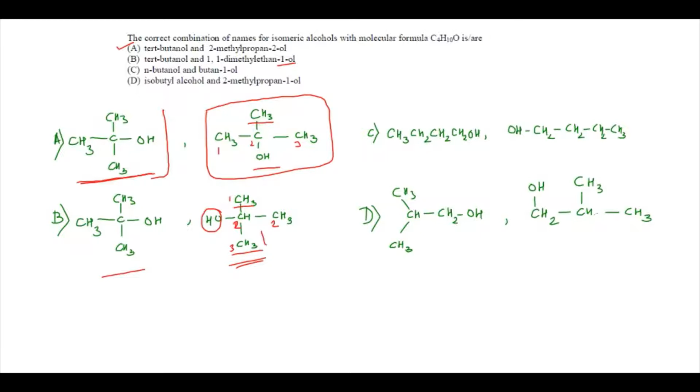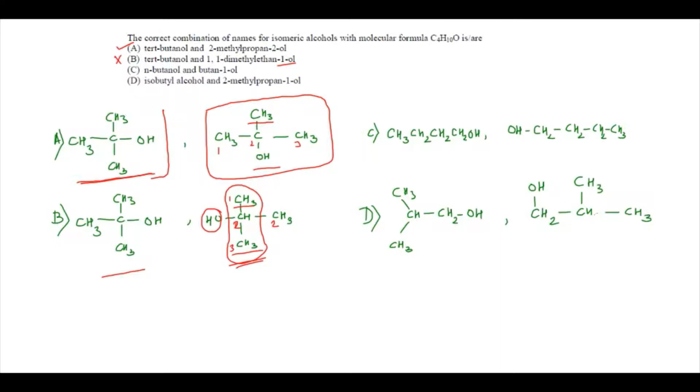So this 3 carbon will make the longest chain. That means we have to name it not ethane, it should be propane. So the correct name for this compound will be 2-methyl propane 2-ol, but it is not happening here, so the option is wrong.